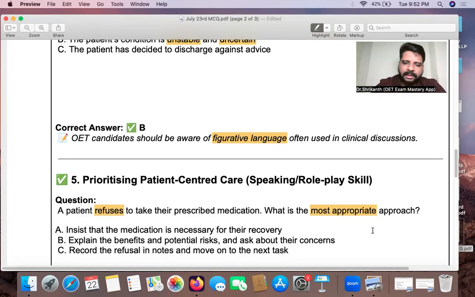So you're having a consultation with the patient. The patient is saying, no, I will not take this medication. So when you encounter such a patient, how will you deal with the patient? What will be the most appropriate approaching strategy?